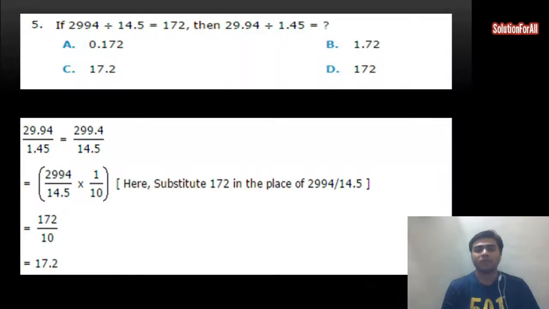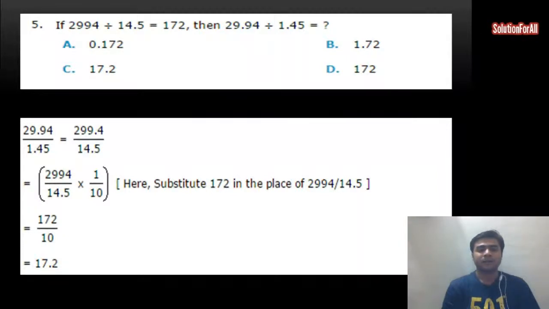29.94 divided by 1.45. So I can shift one decimal from numerator and denominator. Actually, the terms of 10, that is the indices, will be cancelled out. I'll just cancel out one index from both numerator and denominator. So I can write 29.94 upon 1.45 as 299.4 upon 14.5.